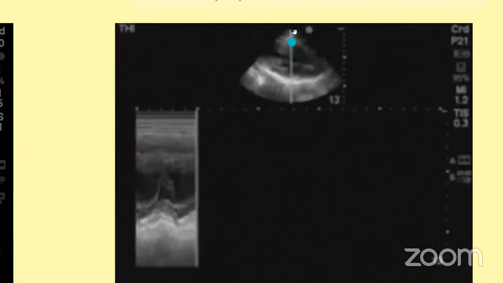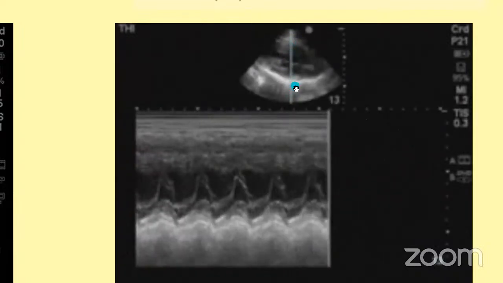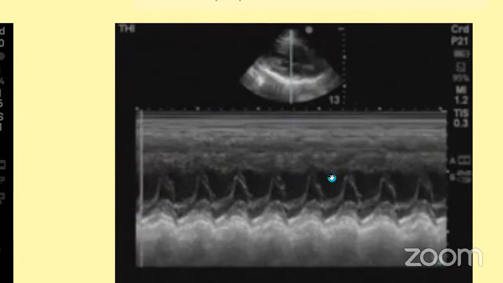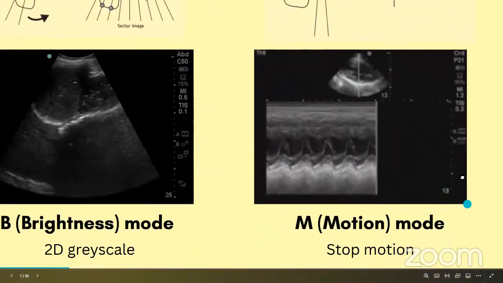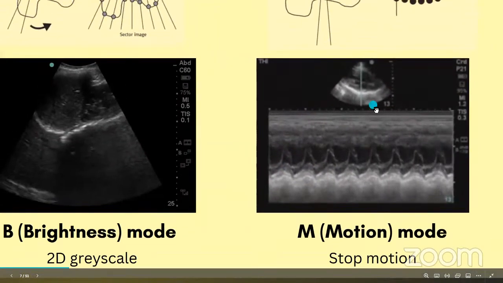Are you able to see the ultrasound probe image here? You can see a single line here. This is the cross section of the ultrasound image which we are going to use in M mode. As it says motion mode, it deals with motion.